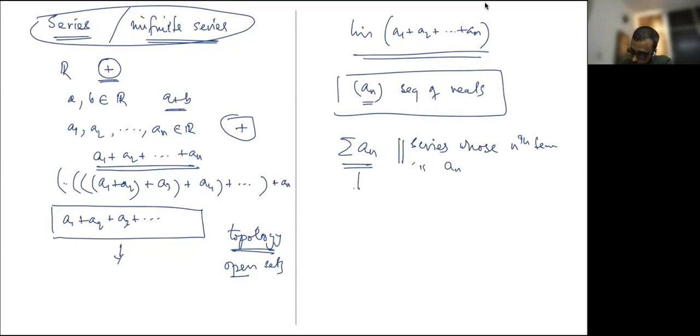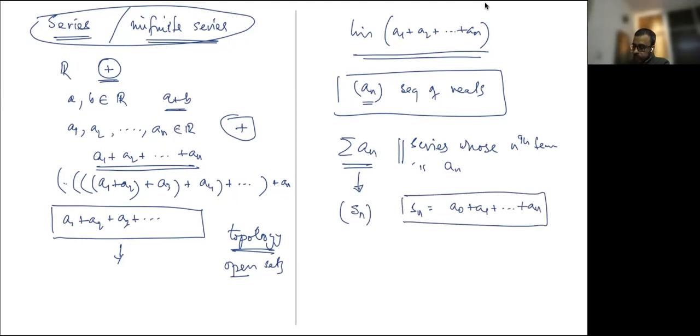But when you're talking about this, your primary object of interest is the sequence Sn, where Sn is this. Okay, so these objects all make sense just because you have this binary operation and you have associativity, and then you are looking at whether this sequence converges. If this sequence converges, then you say that this series converges, and so on.